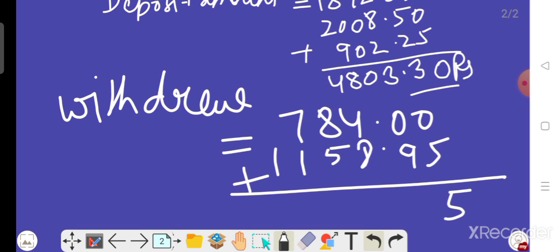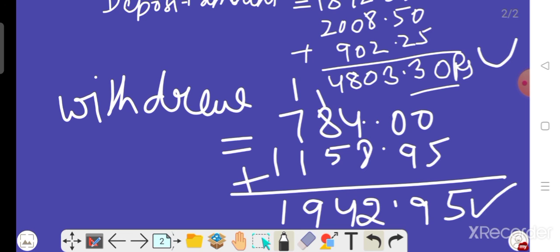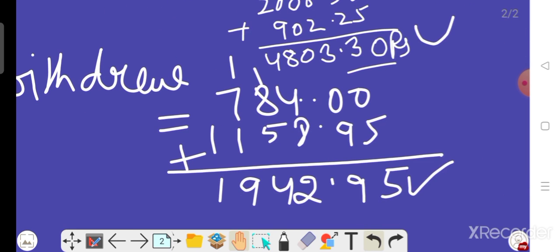This will become 5. 9, 8 plus 4 is equal to 12, and 1 is carry. Then again 8 plus 1 is 9, 9 plus 5 is 14, 1 is again carry. 7 plus 2 is 9, and 1 is as it is. This is the deposit amount, this is the withdrawal amount. To calculate the net balance, we have to subtract this amount from this amount.